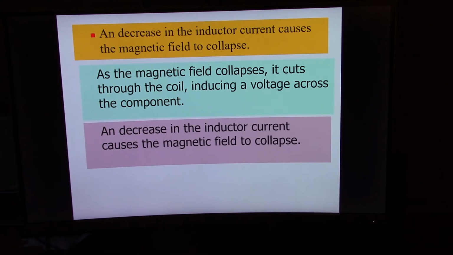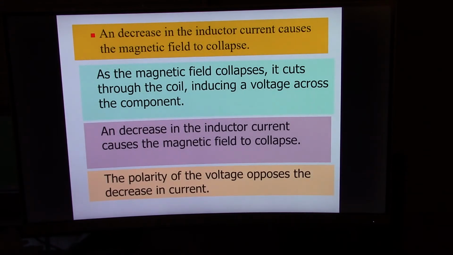So if you decrease the current, it will cause the magnetic field to collapse, and the voltage induced in the device will be opposite to the current.